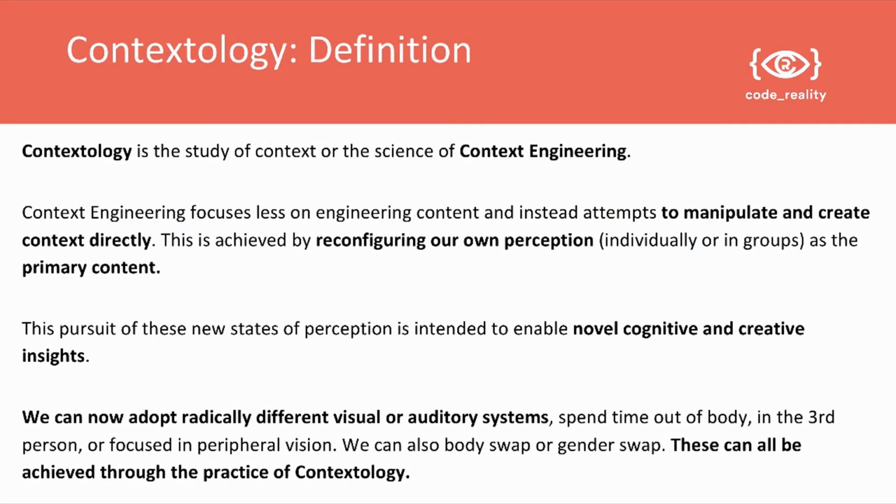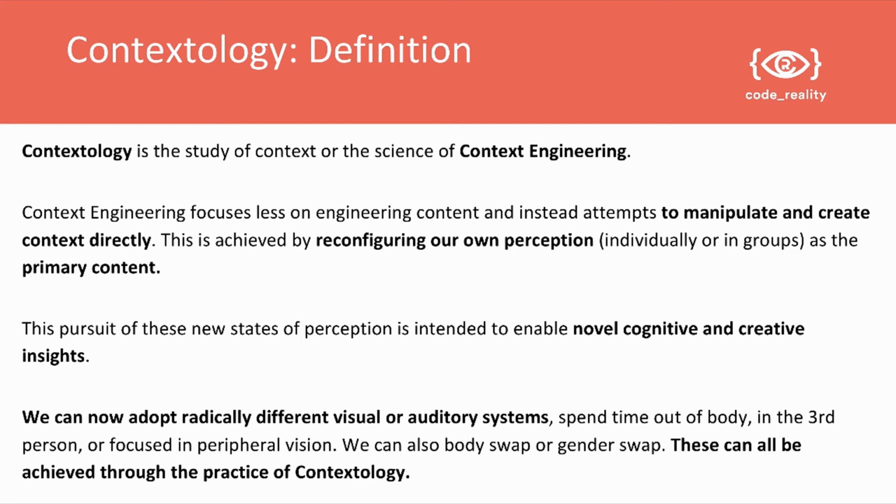So to dive a little bit more into contextology, contextology is the study of context, or the science of context engineering. And context engineering focuses less on engineering content and instead attempts to manipulate and create context directly. This is achieved primarily by reconfiguring our own perceptions, individually or in groups, as the primary content.